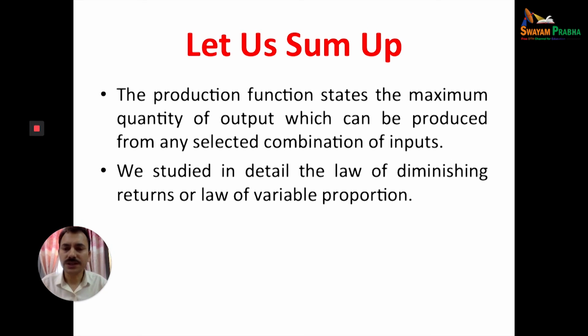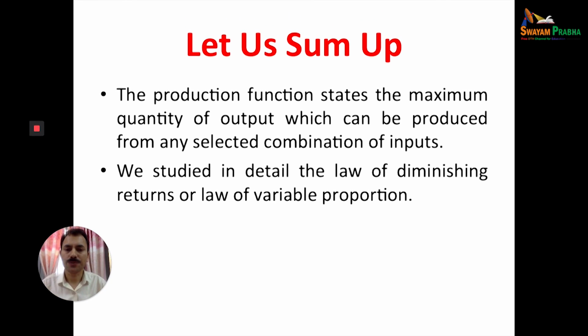When total output is increasing, we have studied that average product and marginal product are also increasing up to a certain limit. Marginal product reaches its maximum point and starts decreasing, but the average product is still increasing. And when marginal product is equal to average product, at the intersection, that is the end of the first stage. We have discussed three stages of this law.